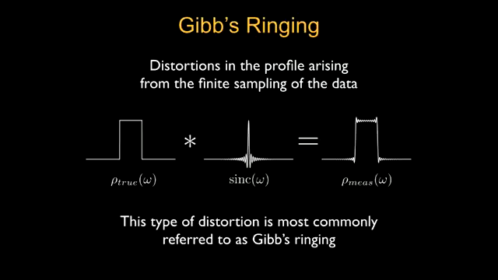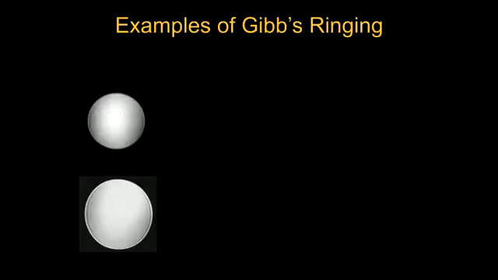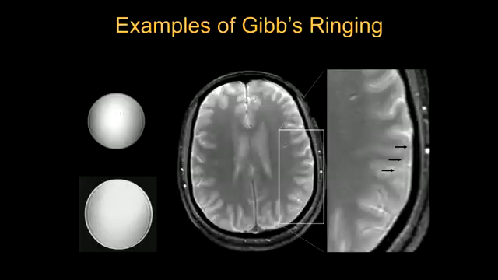Sometimes you can clearly see a ripple here. That's the so-called Gibbs ring. Even in diagnostic imaging, sometimes you can see those ripples. Those are not real images.